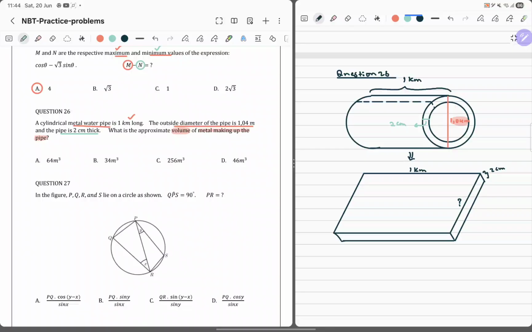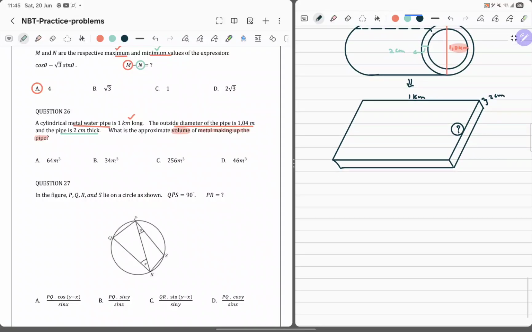Now we need to deal with the width. How do we deal with the width? We know that circumference is 2 pi r, or we can say pi d. Let's just take pi d.